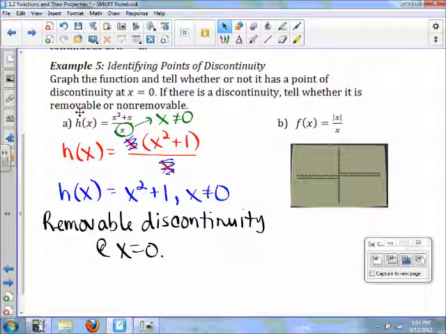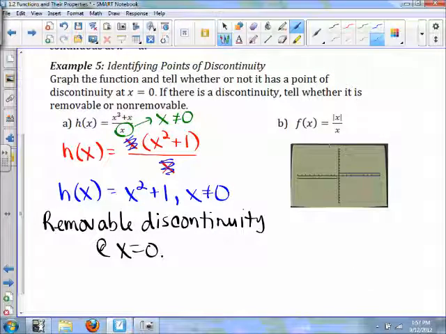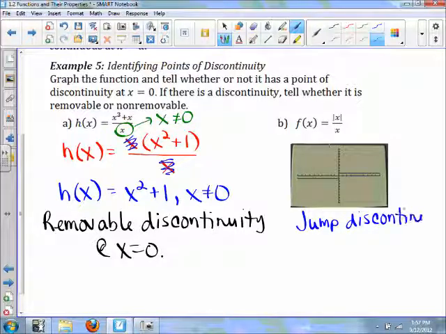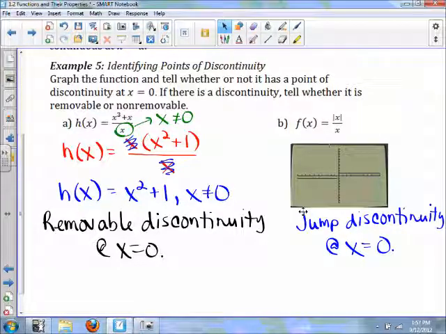So what we have, because there is a discontinuity, this will be, in fact, a jump discontinuity at x equals 0. You can see that there's going to be no number that you can plug in there to satisfy the equation f of x.